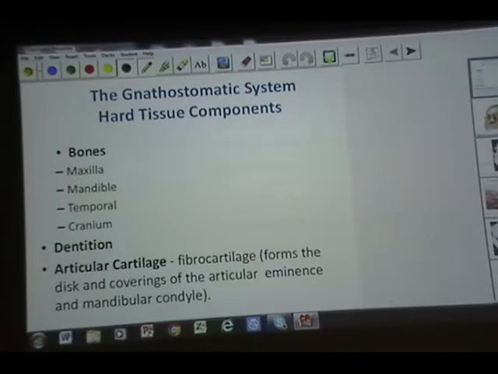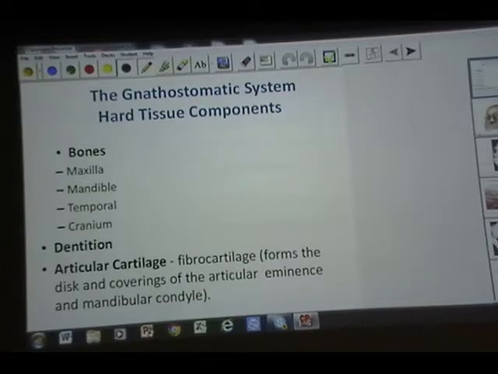The temporal bone and the condyle are actually covered with cartilage as well, to provide not only a nice smooth articulation, but also to help the mandible and maxilla be a stress-bearing joint.